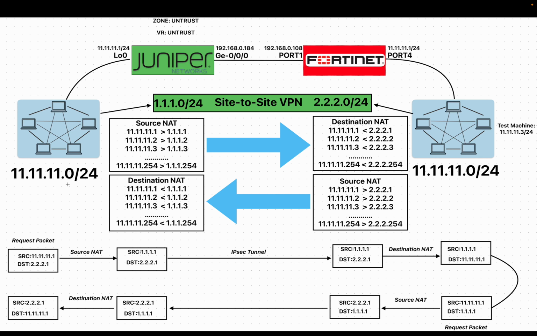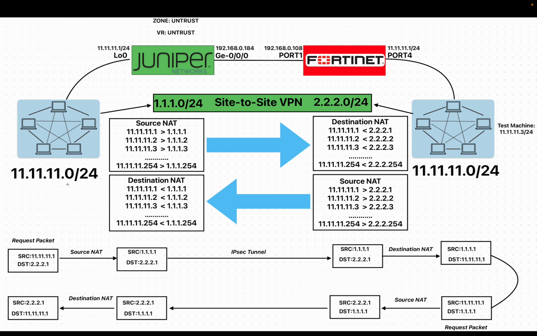For example, on Juniper, we will be using 1.1.1.0/24 for the translation, the static NAT, or the bidirectional NAT that we will be configuring on the Juniper device, and on the FortiGate firewall it'll be 2.2.2.0/24. So 1.1.1.0/24 will be used for the bidirectional NAT here.